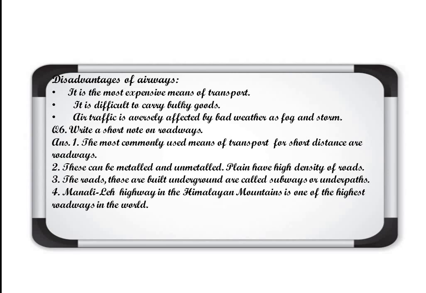Manali-Leh highway in the Himalayan mountains is one of the highest roadways in the world. And here you can write more points. If we talk about today's world, the roadway facilities are developing in the areas of mountains also. So you can write other points also here in the short note on roadways.